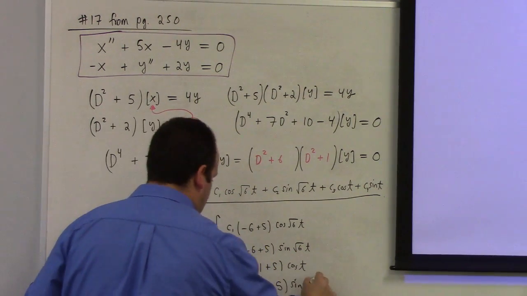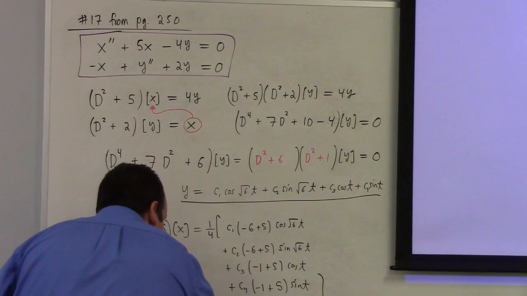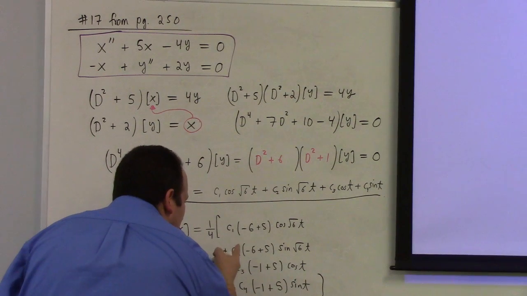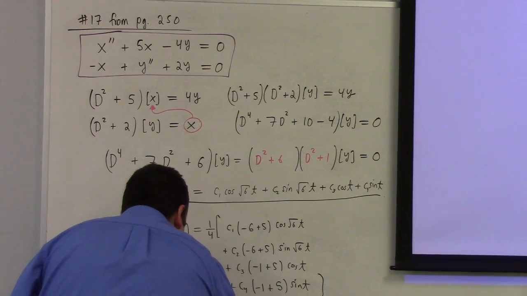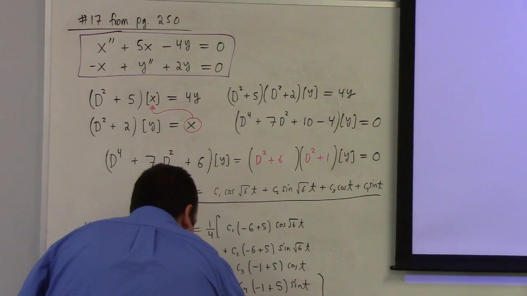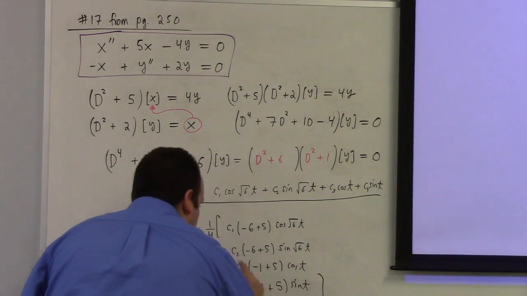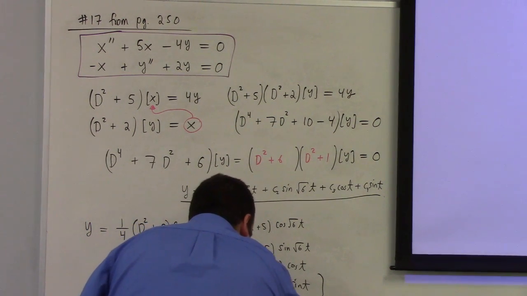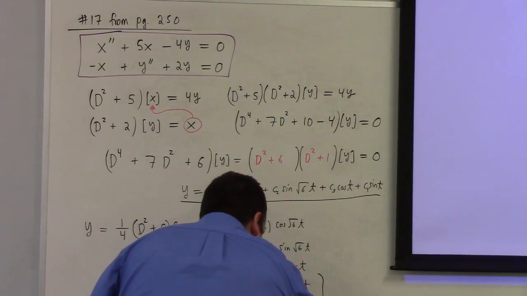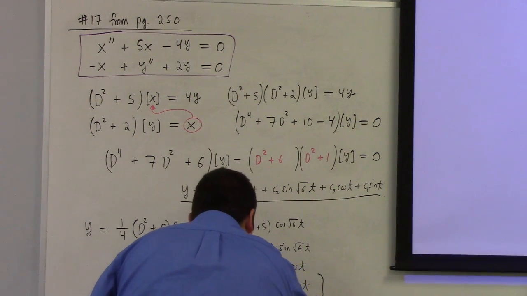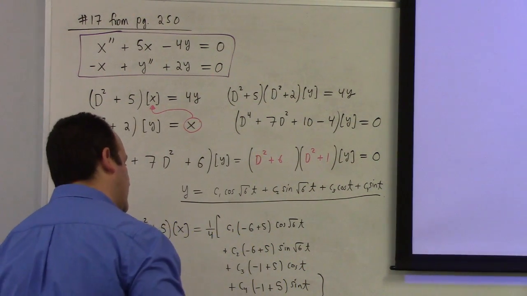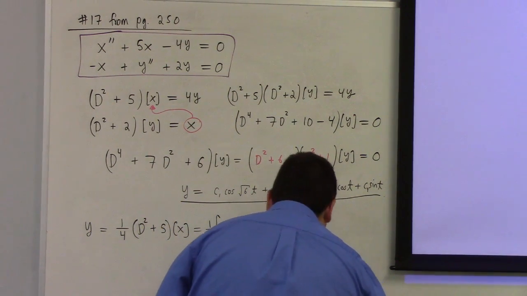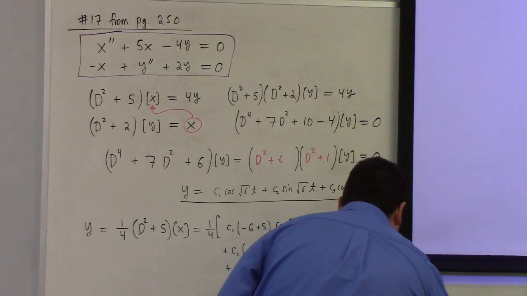Close big bracket. Therefore, y is equal to minus 1/4 C1 cosine of root 6t, minus 1/4 C2 sine root 6 times t, and plus 4 cosine t, plus 4c3 cosine t, I should say, plus 4c4 sine t.